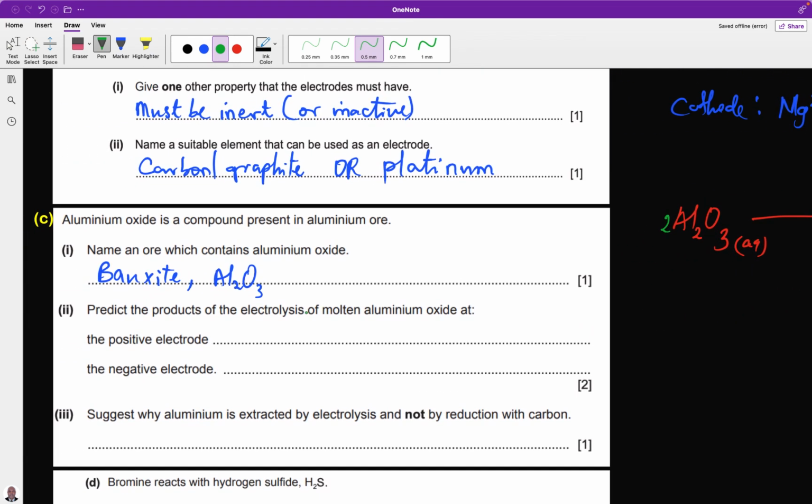Now we have been told to predict the product of electrolysis of molten electrolyte at the positive electrode.